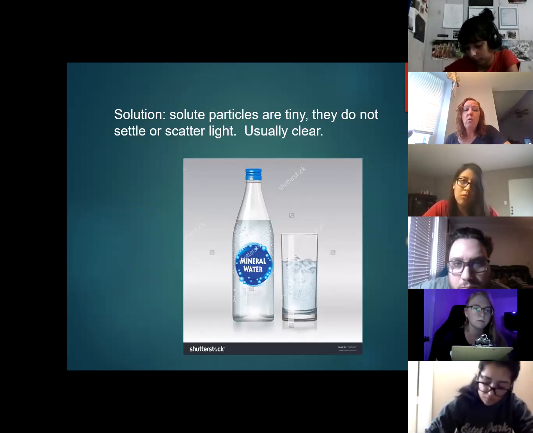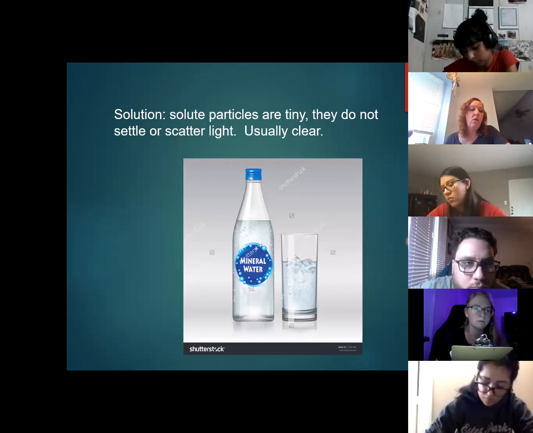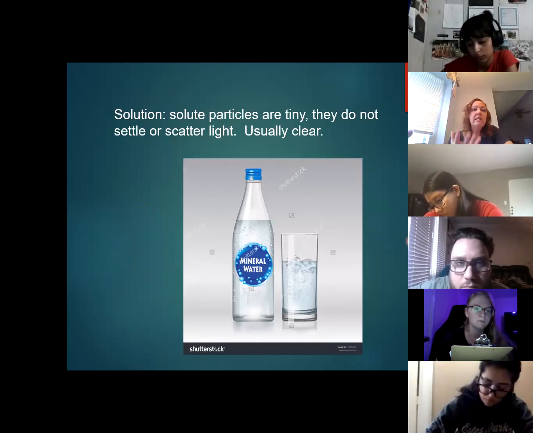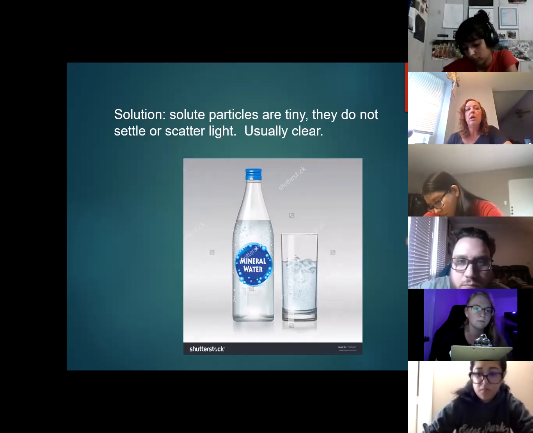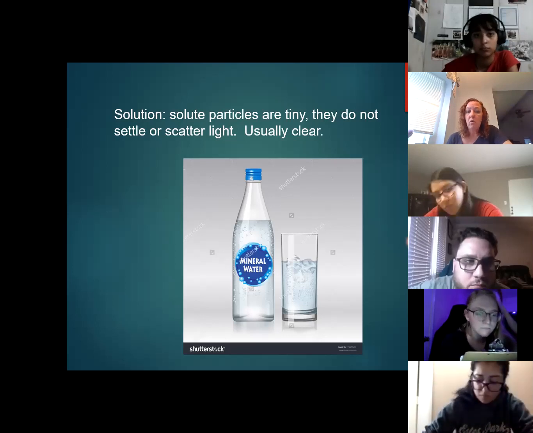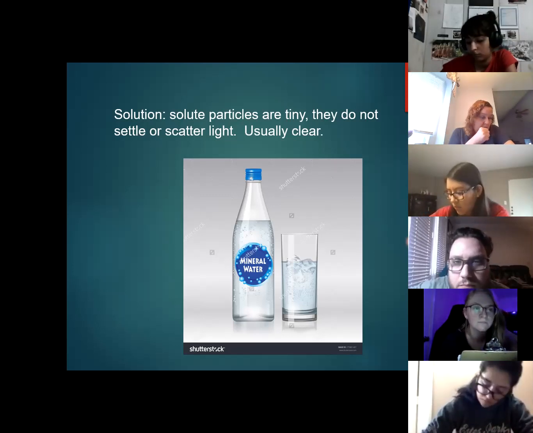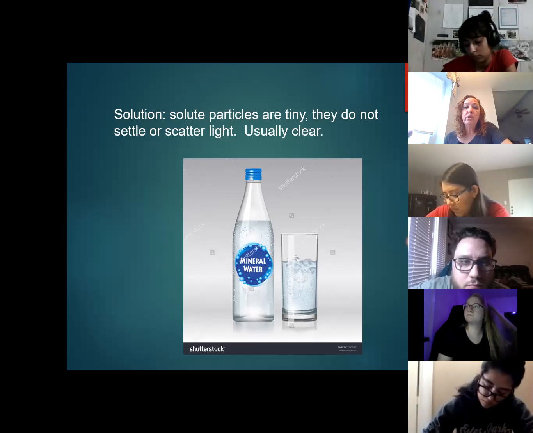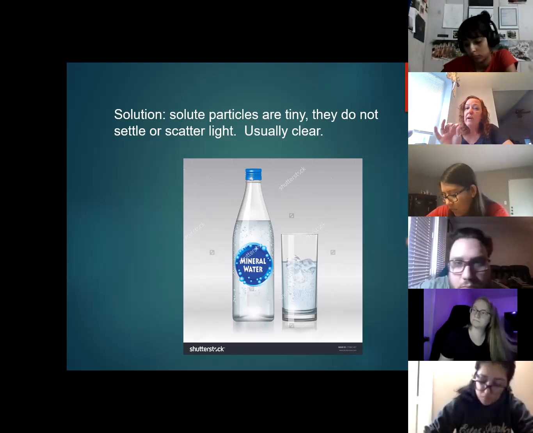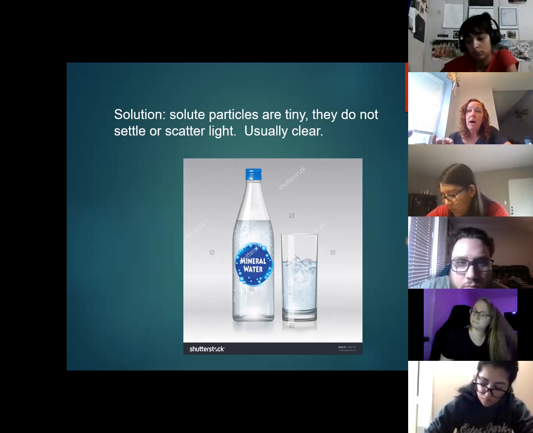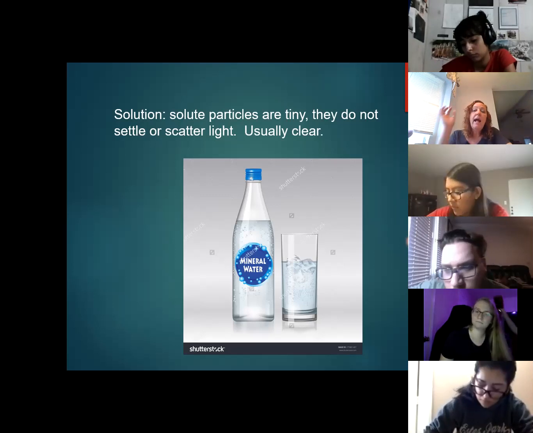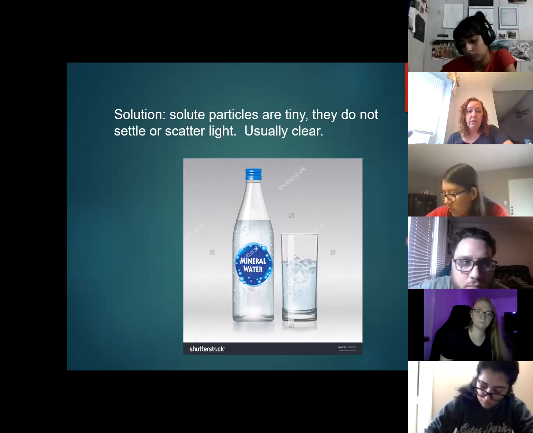I could leave this mineral water sitting on my table all day long, and it's not like I'm going to have this big cloudy bunch of minerals in the bottom of my mineral water. So that's the definition of a solution. The particles are very tiny, they do not scatter light, and they're not going to settle out.